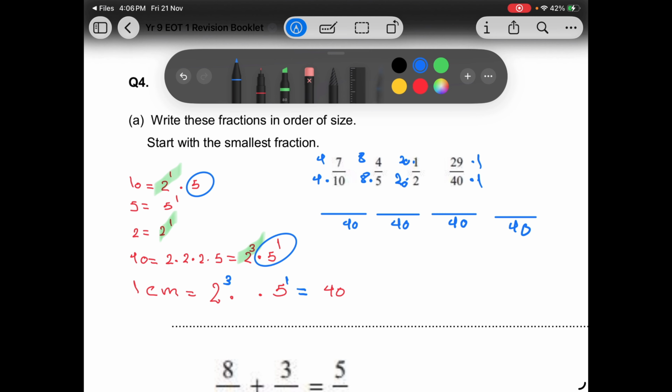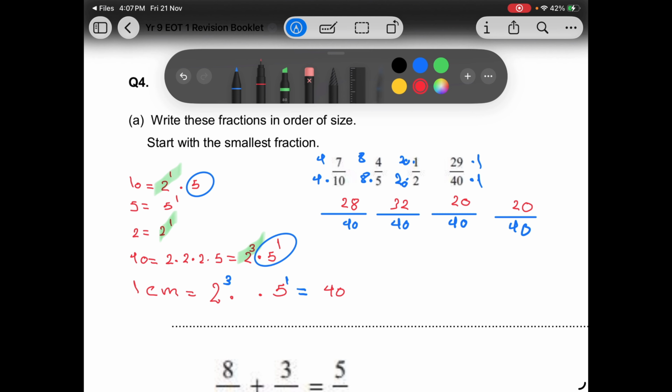For the tops, guys, I have 4 times 7, 28. Then I have 8 times 4 is 32. And 20 times 1 is 20. And 29 times 1 is 29. So what you have to do, guys, is only compare the numerators.